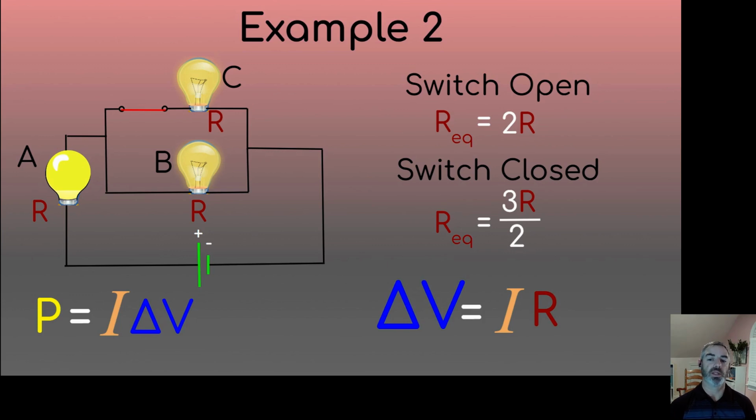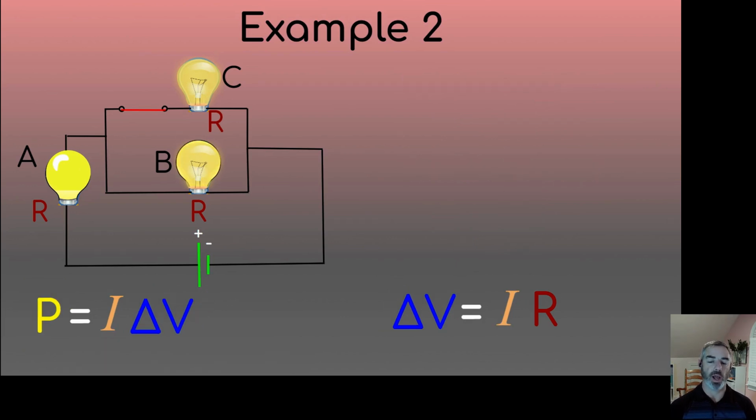So if the current increased through A, and it has the same resistance value, the potential drop is going to increase, which means the power increases even more with more current and more potential drop. So that's why A has an increase in brightness, is an increase in current and a potential drop.